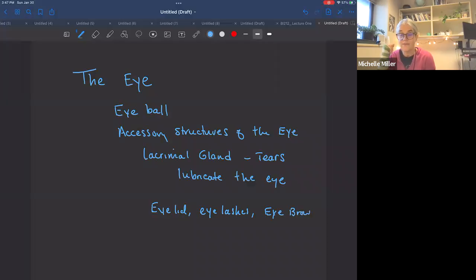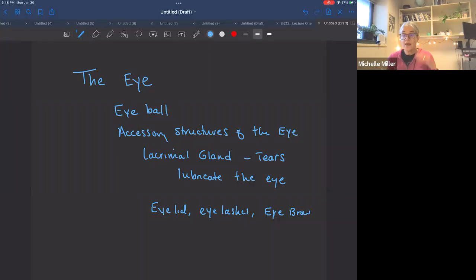If you've ever been in a very dusty environment, you know that your eyebrows actually capture that dust, like they'll actually get dust on them, and your eyelashes will too. And then also sweat coming down from your brow sometimes accumulates on the eyebrows, right? So that it doesn't drip into your eye. So all of these are protective.